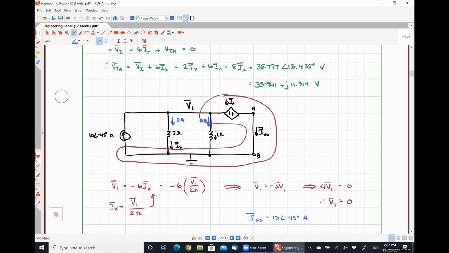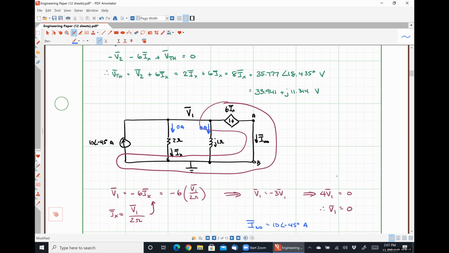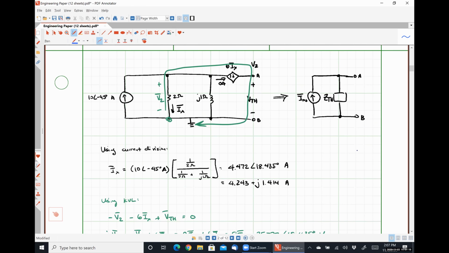So we've determined our Thevenin voltage. We have determined our Norton current. What's left? Right, we're trying to find this guy, and we have enough information to solve for this guy. We just need to actually do it.